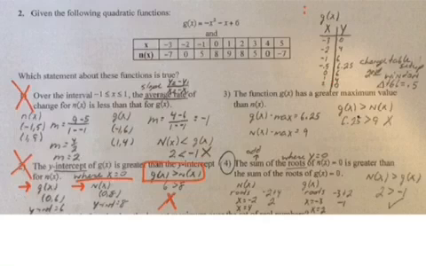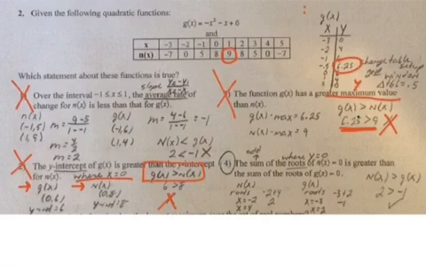For choice 3, the greatest maximum value, that's talking about the y value of the vertex. So for g of x, it's 6.25, and for n of x, it's going to be 9. They're saying that g of x is greater than n of x, but 6.25 is not greater than 9, so it cannot be choice 3.